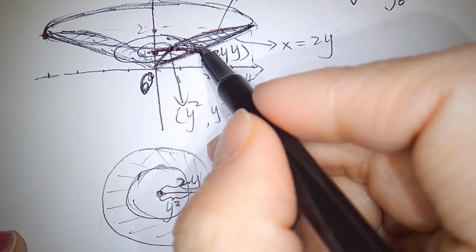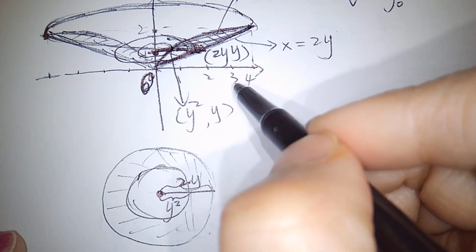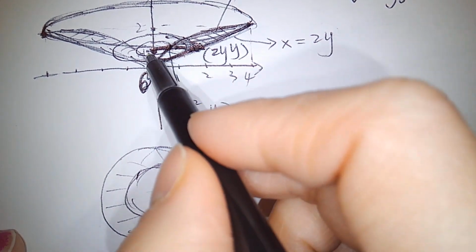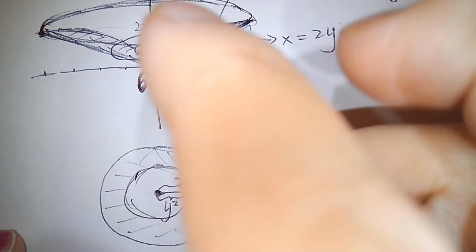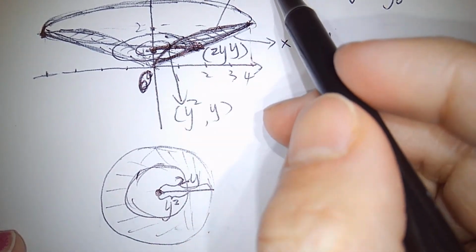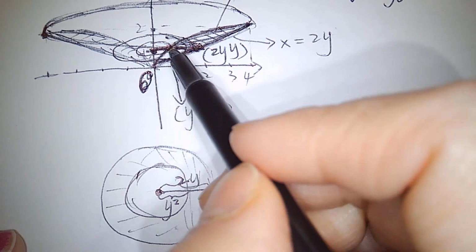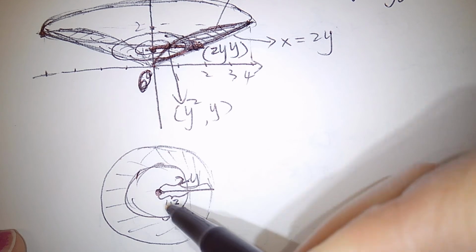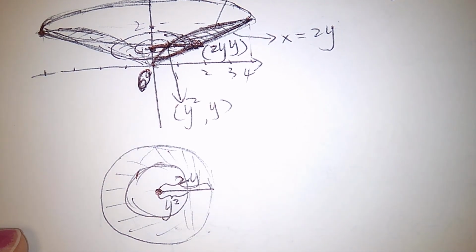The outer radius is 2y, because that's when x equals 2y. So every y we have, x will be double the y. The inner curve, with every y we have, x will be the square of y. So the outer radius is 2y, the inner radius is y squared.